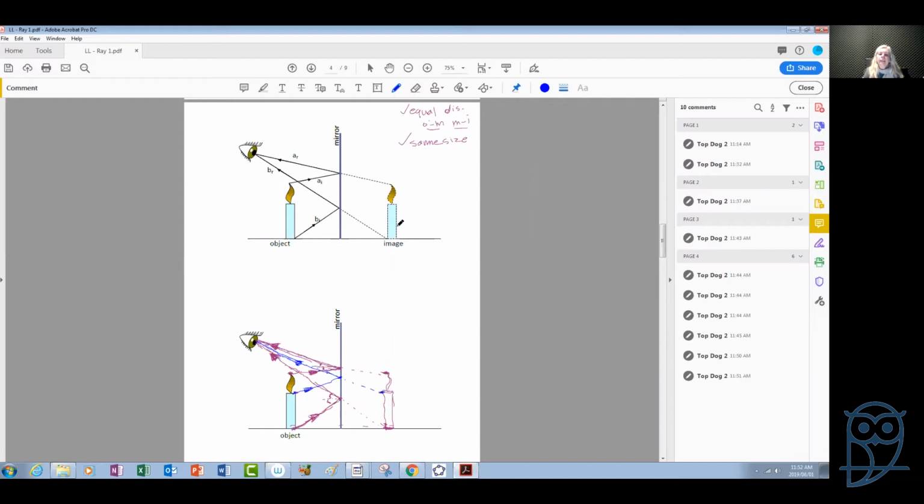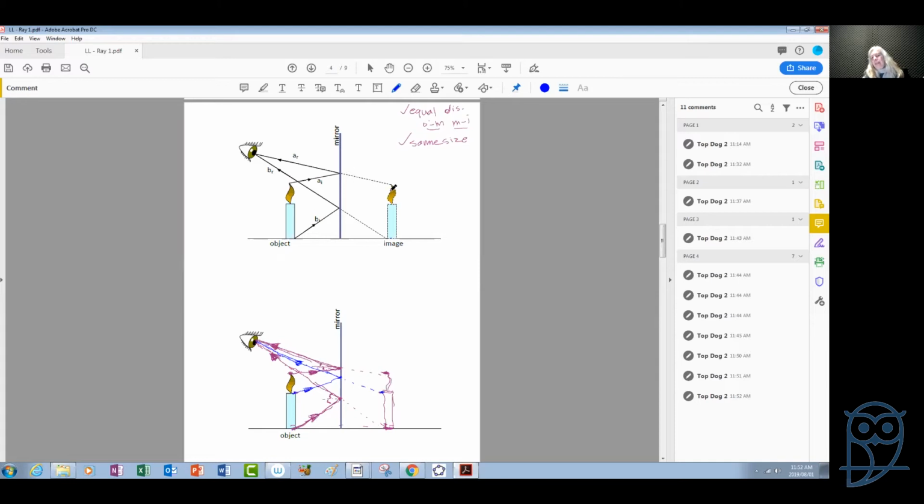Remember, we draw the image at the same distance behind the mirror as the distance of the object in front of the mirror, and also of the same size. And once we have the picture of the image, then it helps us to draw the rays that get into our eyes, okay? The rays in front of the mirror are real rays.